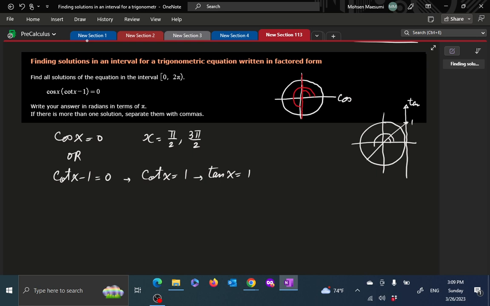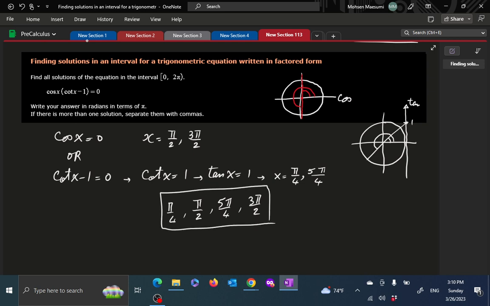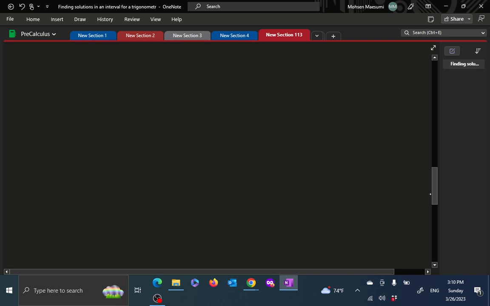These are the two angles that you are looking for. So x will be pi over 4. Pi plus pi over 4 is going to be 5 pi over 4. So all in all, we have pi over 2, pi over 4, 5 pi over 4, and 3 pi over 2. It's the final answer for all the possible cases that we have.